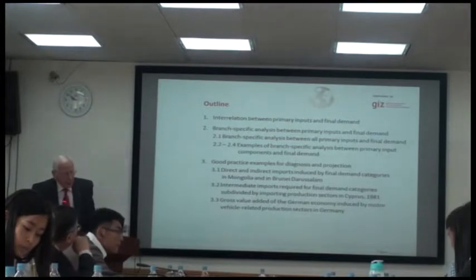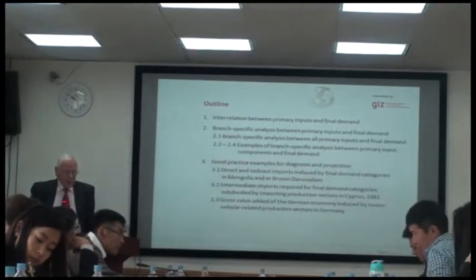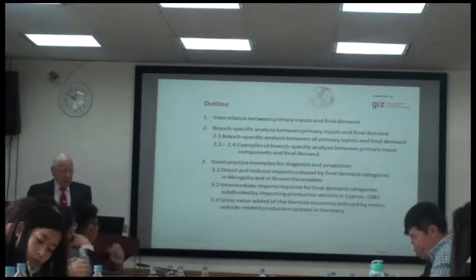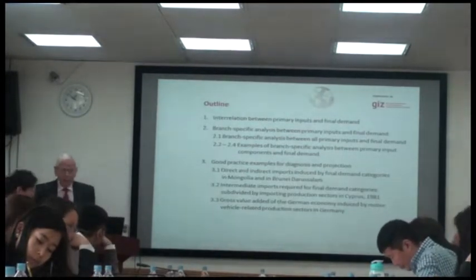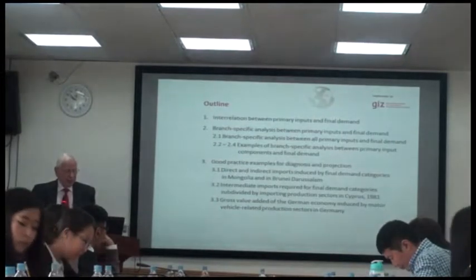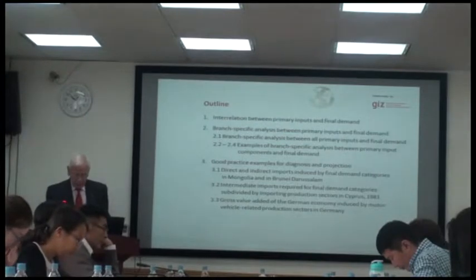You see it is described as interrelation between primary input and final demand. Primary input AP and final demand Y. Interesting is to see that you can also make it again individually for branch-specific analysis. And now we will see how this one is working.